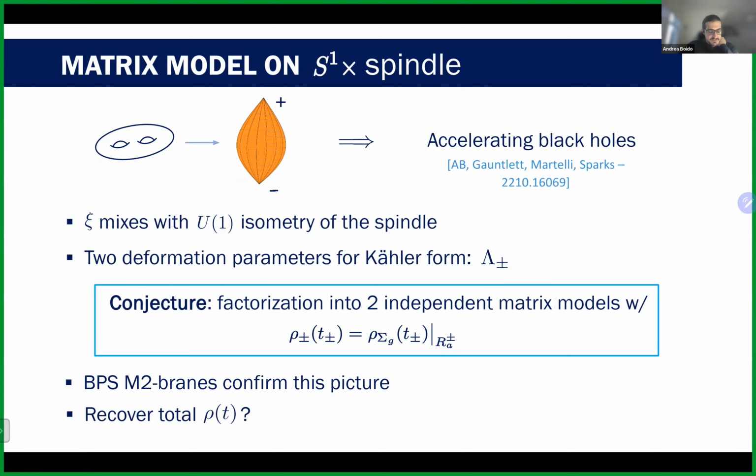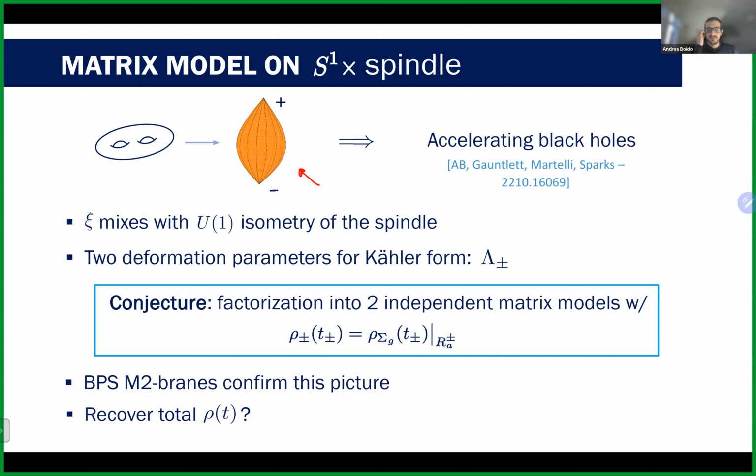Finally, let me mention briefly something which we looked at fairly recently. These are partial results. You can try to replace your Riemann surface with a spindle, which topologically is a two-sphere, but it has conical singularities at the two poles, which you cannot get rid of because they're parameterized by different integers.